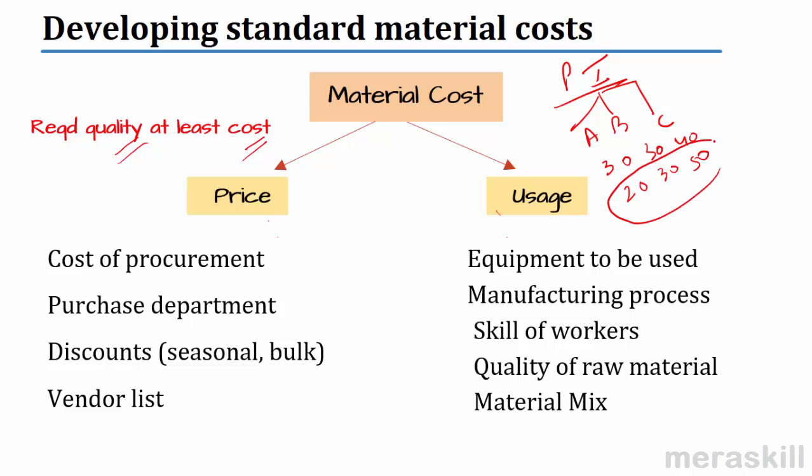This combination is how we have particularly made this product. Is it possible? Do you understand, students? If I change the mix, that also may result in a different material cost. The standard mix is different. If the actual mix is different, there would be a variance.